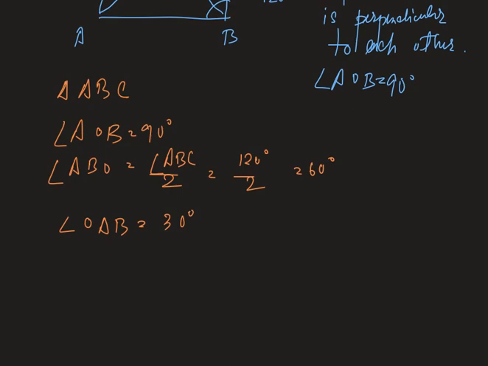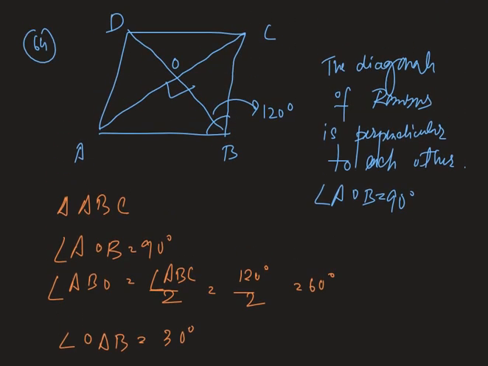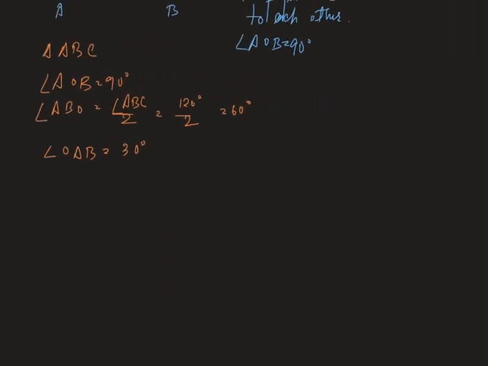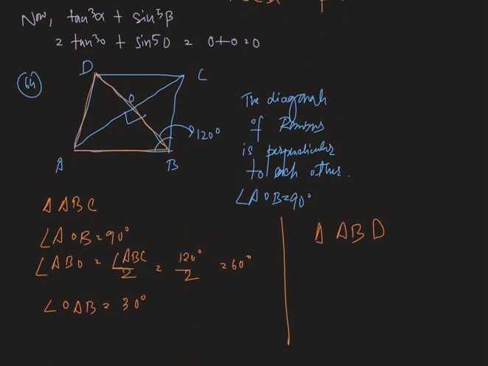So it is clear that triangle ABD is an equilateral triangle. Because in triangle ABD, the angle DAB is equals to angle DAO plus OAB.